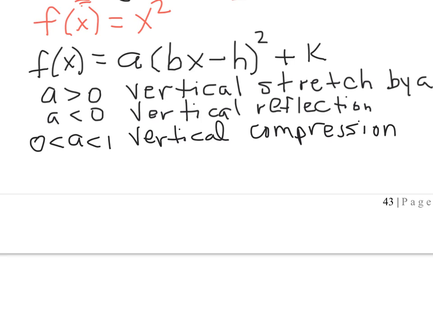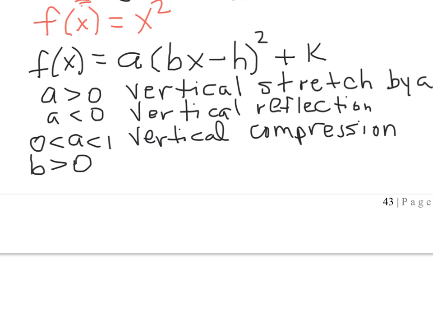All right, so let's look at what happens with B. What happens with B is very similar to what happens with A, except this time it's a horizontal transformation. So we're going to look at what the B does to the graph.